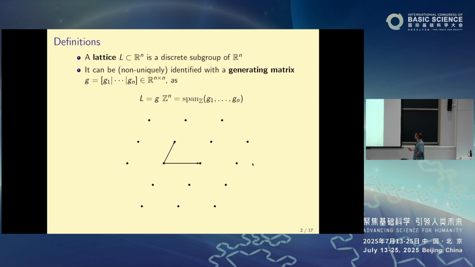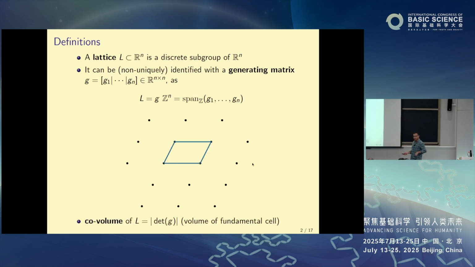It can be identified with a generating matrix or basis matrix, the same thing, G with columns g1 up to gn, such that the lattice is G times Z^n, or if you want, the lattice is the integer span of the column vectors of G. In this illustration, this is a two-dimensional lattice. This is g1, this is g2, and the lattice consists of all points you can get by making integer jumps in each one of those directions, right?